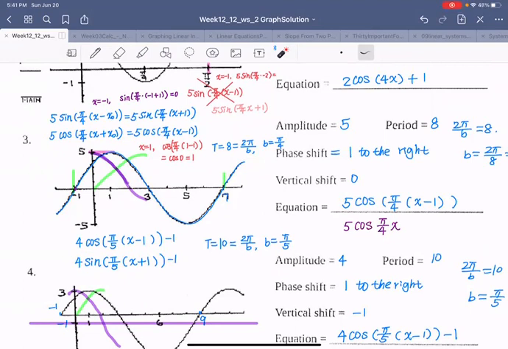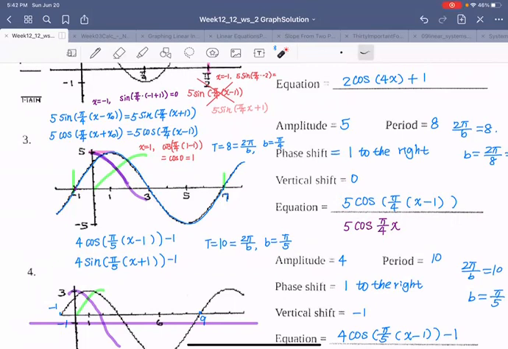If you shift to the right by 1, that means you do x minus 1. That's why the graph is this. Is there any questions?